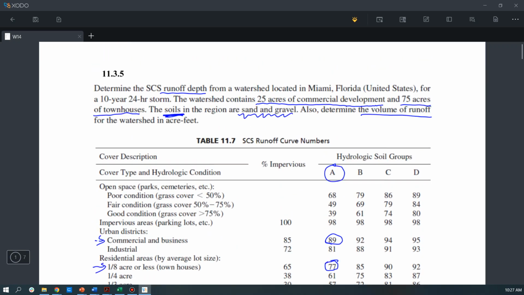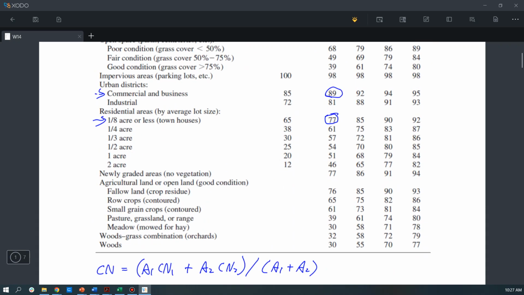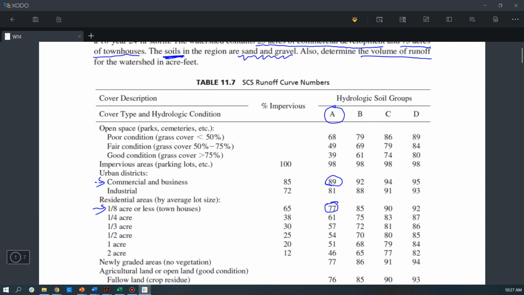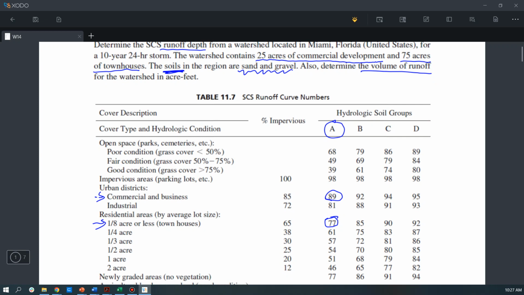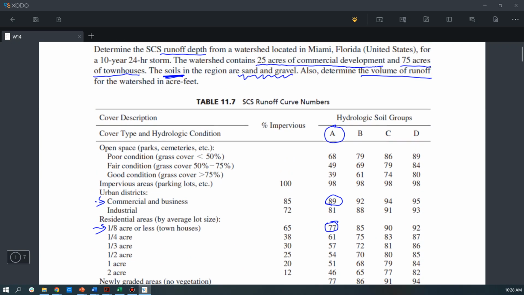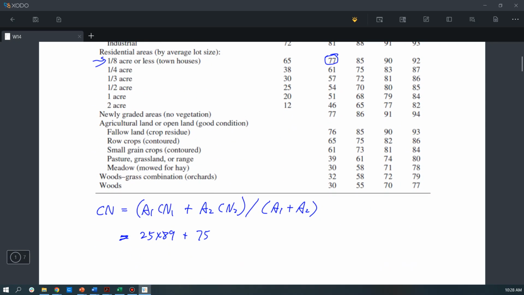The area for the commercial development is 25 acres, so let's write down 25 acres, and the CN of the commercial development is 89, so times 89. The townhouse area is 75, if you forgot, I show you again here, 75, and the CN number is 77.